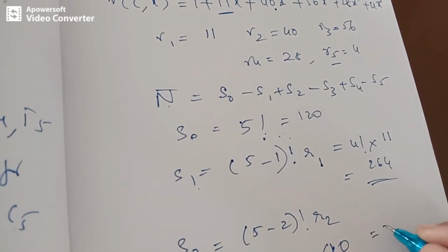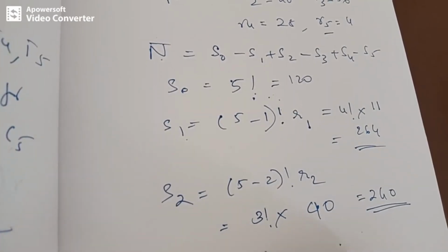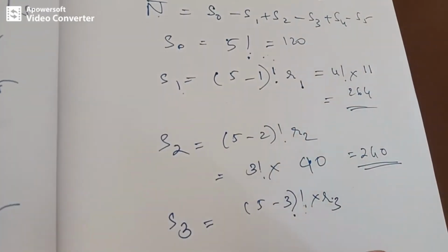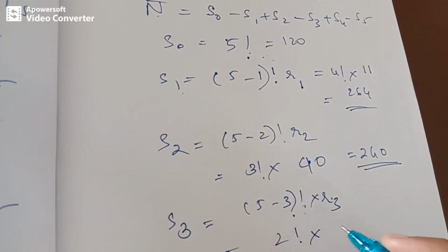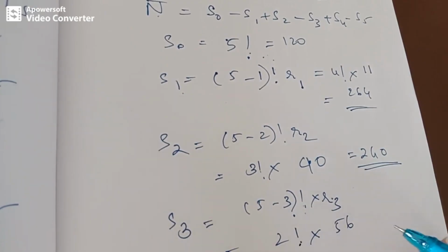So this answer will be 240. Again, S3 is 5 minus 3, the whole factorial into R3. So here we get 2 factorial into R3, which is 56. When we calculate this, we will get 112.